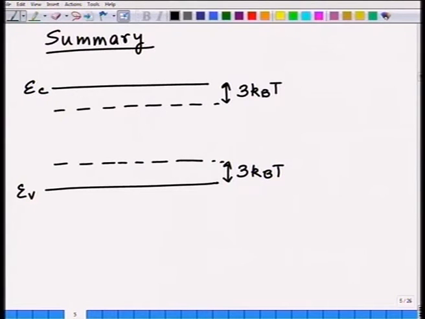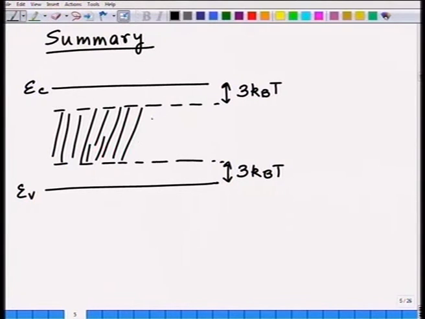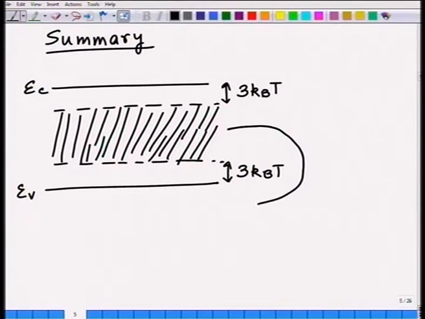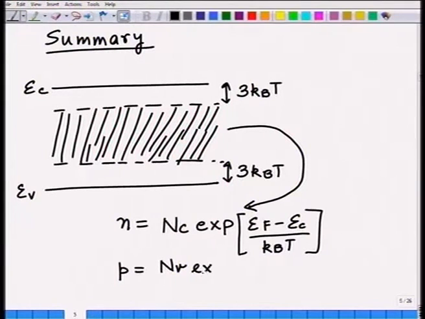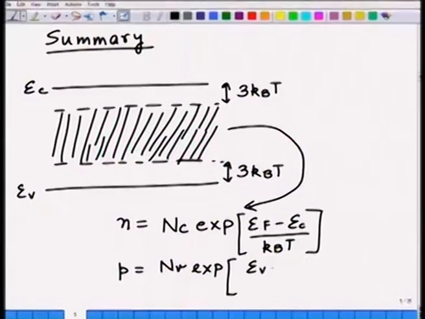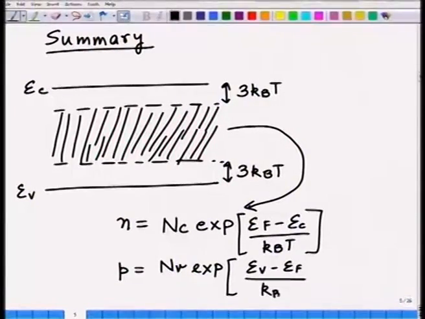In that case, when Fermi energy lies in this region, I can write n as equal to Nc e to power Ef minus Ec by kBT, and I can write P as equal to Nv e to power Ev minus Ef by kBT, where kBT is the Boltzmann constant times temperature.